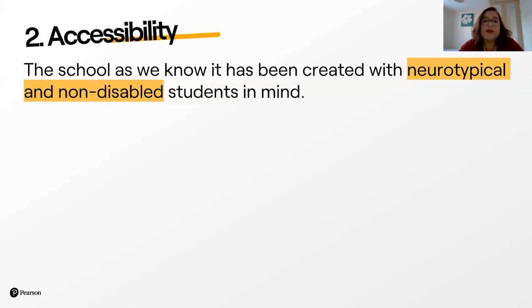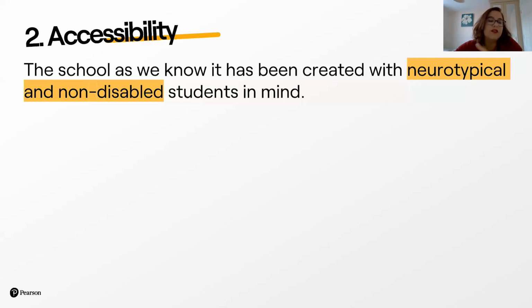The school, as we know it, has been created with neurotypical and non-disabled students in mind. Historically speaking, school has been created to serve certain societal projects. If we take the example of industrialization, the goal was to teach people how to become workers in industry.